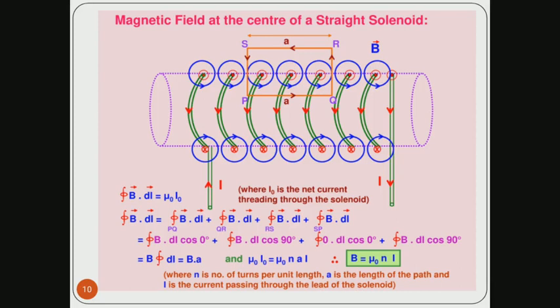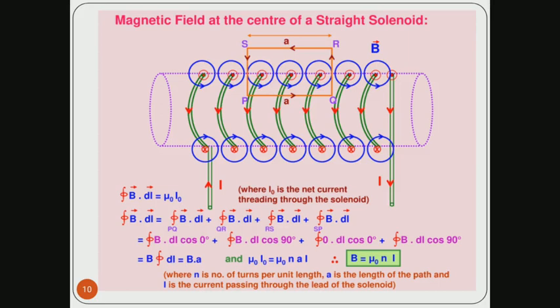So the equation becomes B dl cos theta, where theta here is 0 degree.